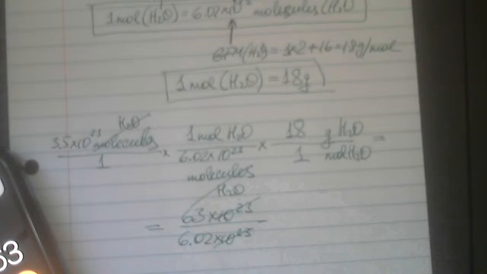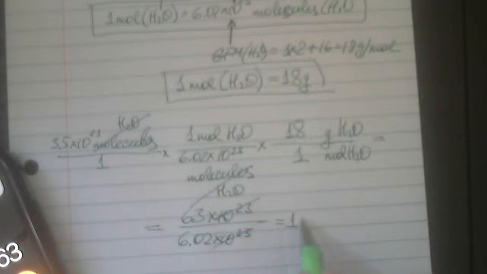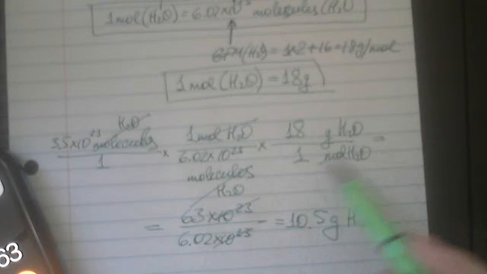These beautifully get cancelled out, and this is what we got as our resulting mass, 10.45 grams of water. This is our winning unit because moles of water got cancelled out.